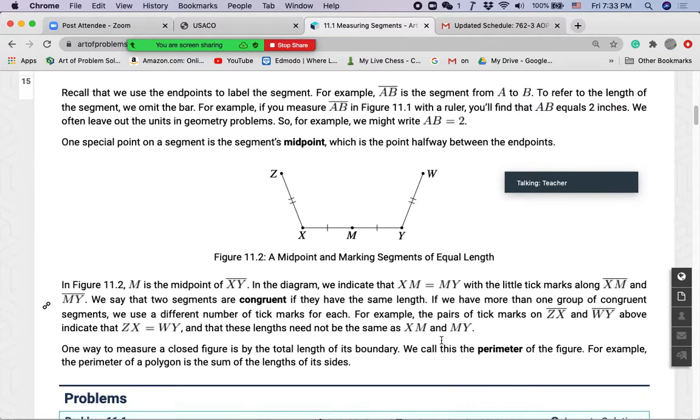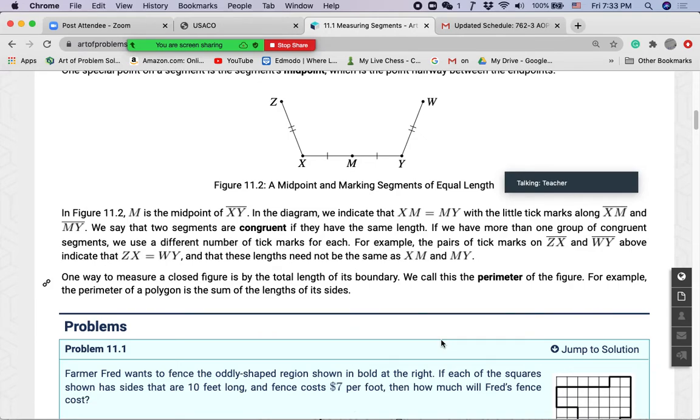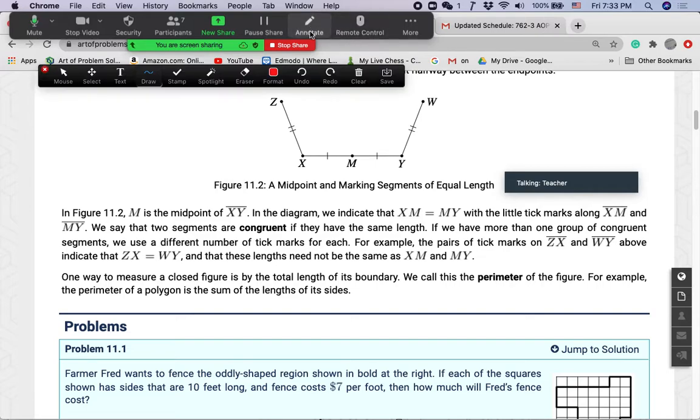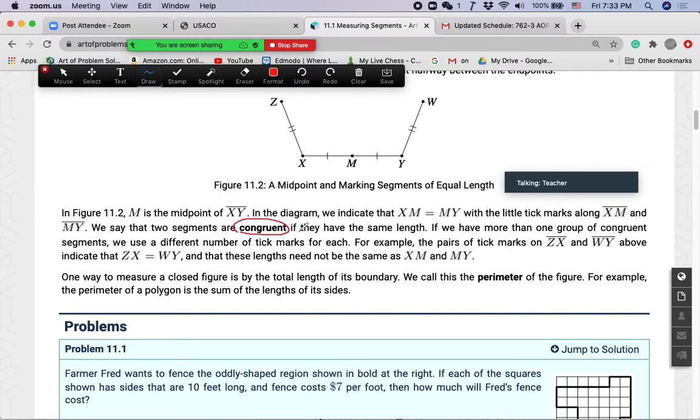In geometry, usually we call these line segments congruent. We use this word congruent, which means they're exactly the same.